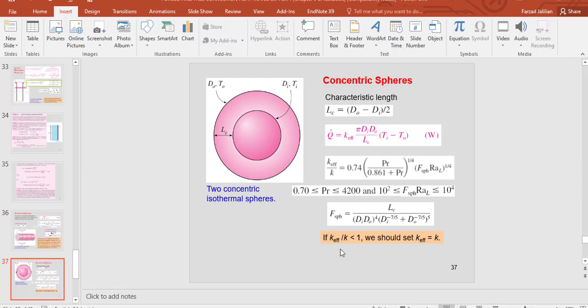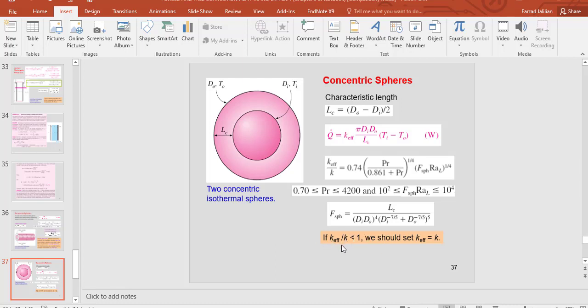And like what we had for the concentric cylinders, if K effective divided by K is less than 1, we should set K effective equal to K, because when we have natural convection, the heat transfer should increase, not decrease.